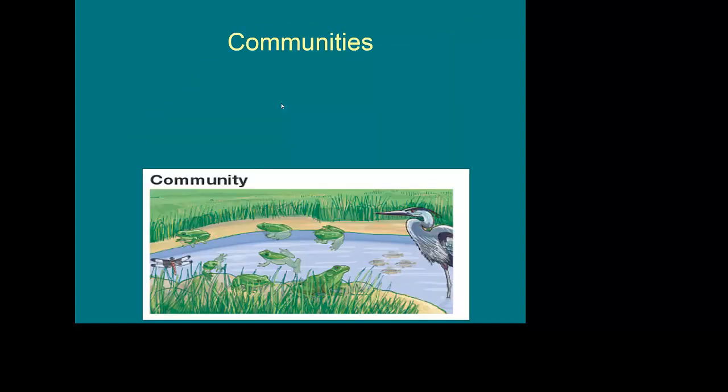A community takes many populations, so many groups of species, and adds that layer of complexity of interactions between the species.